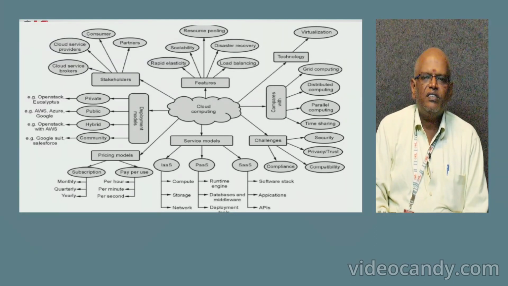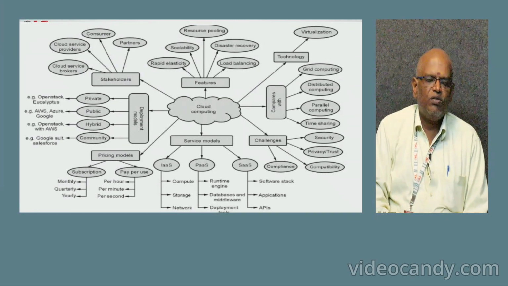Then the next one is disaster recovery. Normally disasters can occur during lightning, thundering, floods and possibly earthquakes, and because of an earthquake we may get some data losses. When we want to avoid such data losses, let us take one example. One organization may have an office at Vijayawada and another location at Delhi.